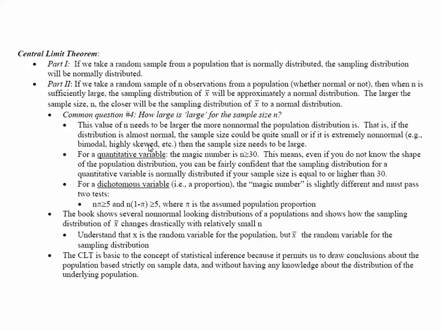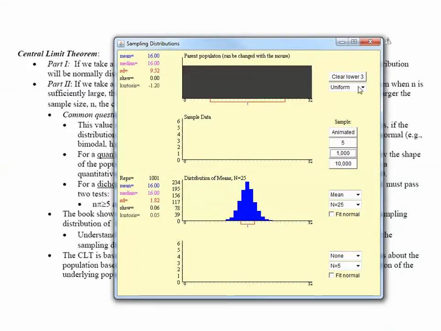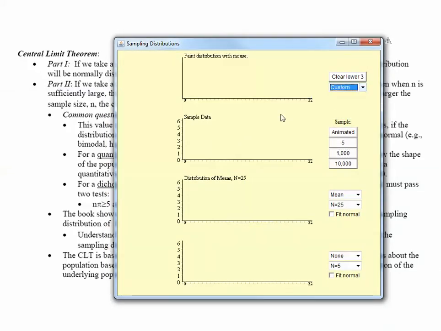So a common question is, how large does your sample size need to be? The value of n needs to be larger the more non-normal the population distribution is. In that example, the uniform distribution still gave us an approximately normal distribution. Let's take a look at an example where we have something that's very not normal.